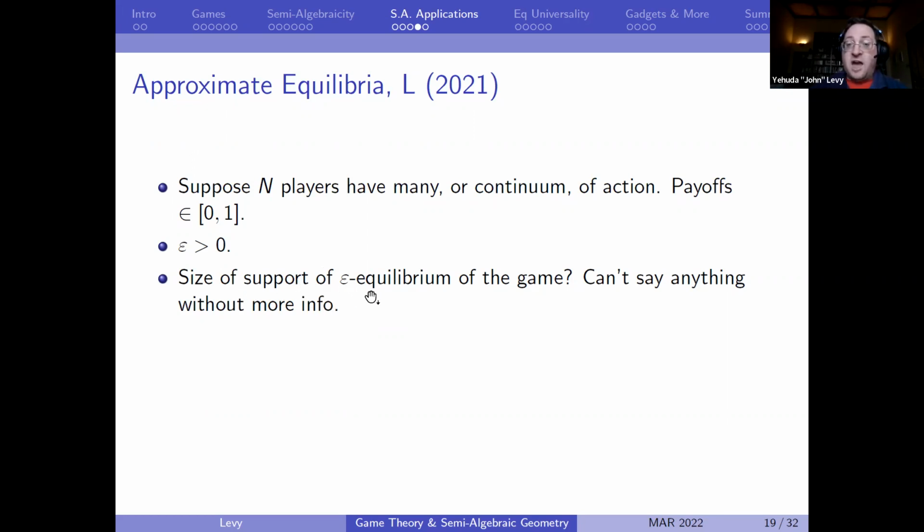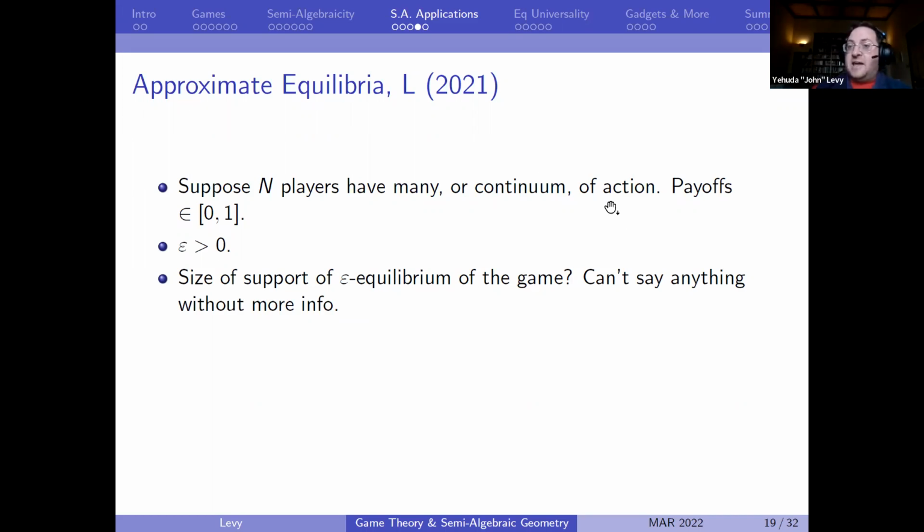In other words, how many strategies you actually need to put positive weight over to get an epsilon equilibrium. It's sort of easy to show that even if you have a continuum, you can get epsilon equilibria with finite support, right? Just take a fine enough grid, but you actually want to get some bound on how big this may be.